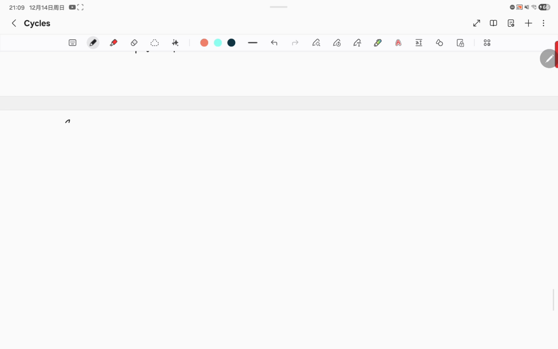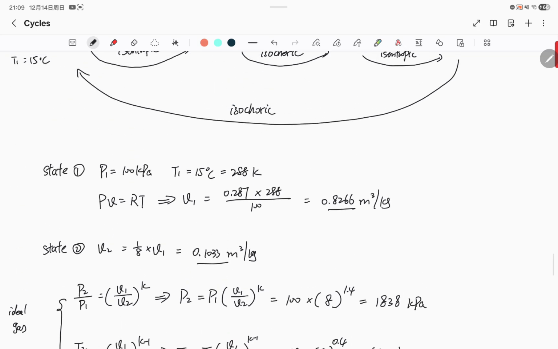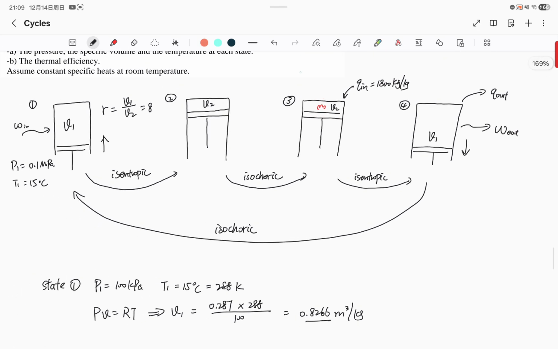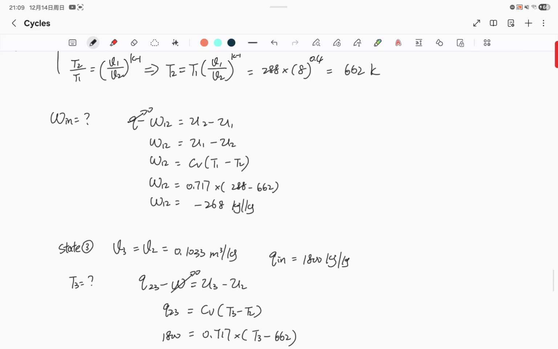Let's move on to state 4. We have V4, that's the same as V1, the big volume. And then since state 4 to state 1, we got, what am I doing here? Oh, it is isochoric. Yeah, it is isochoric.